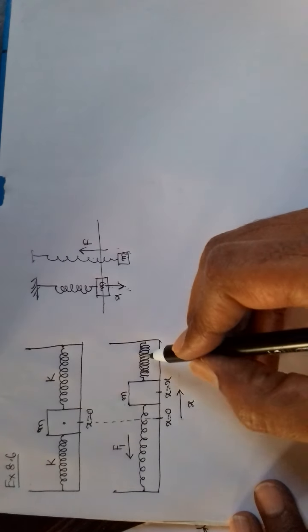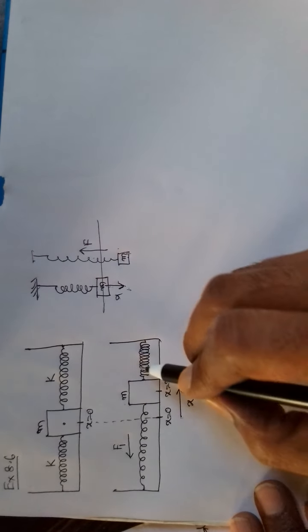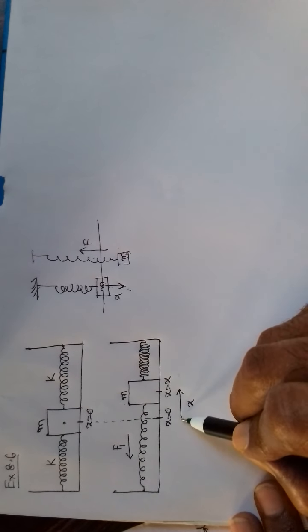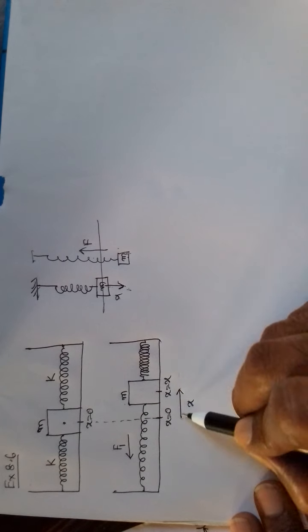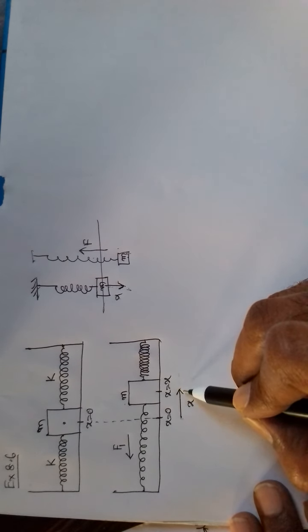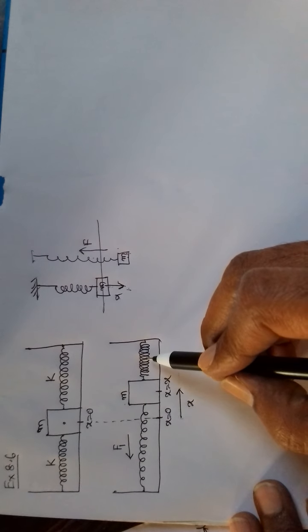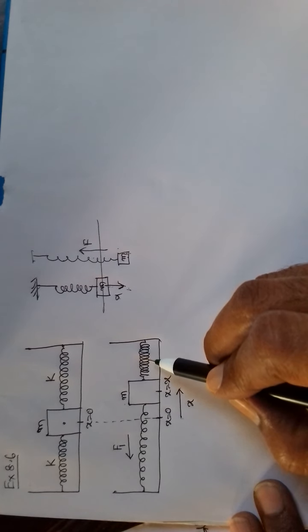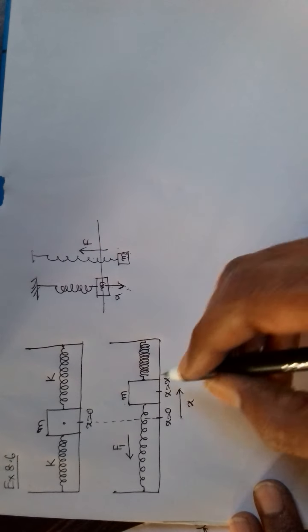Now consider this spring. See, you have compressed the spring by some amount of displacement. You compressed the spring through x distance. So then inside the spring, a restoring force is developed and the restoring force opposes the compression.